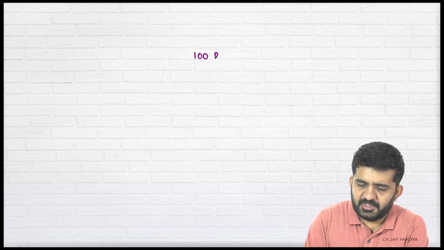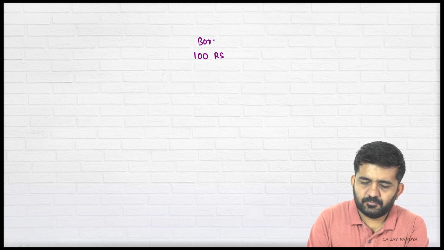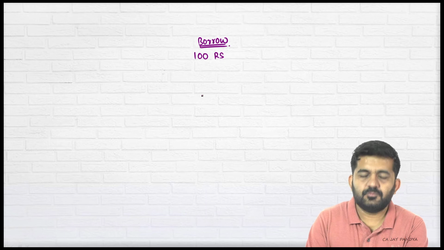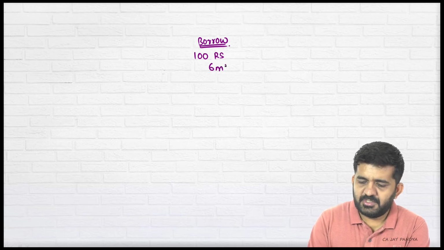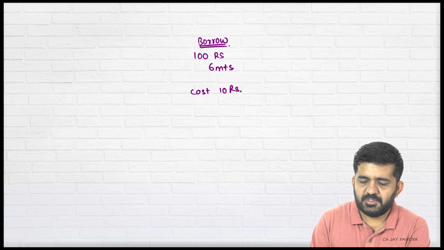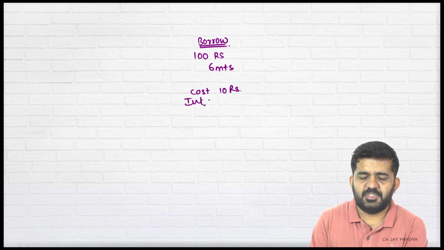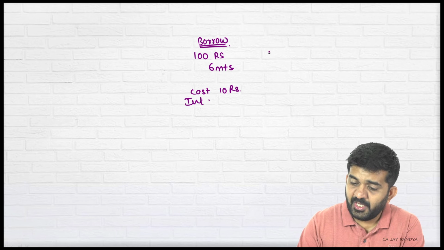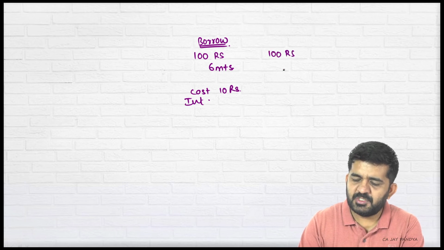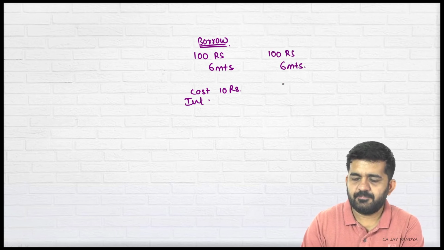If I borrow 100 rupees for 6 months and my cost is 10 rupees, that is interest cost is 10 rupees. Is it all? Again I borrow another 100 rupees for 6 months.